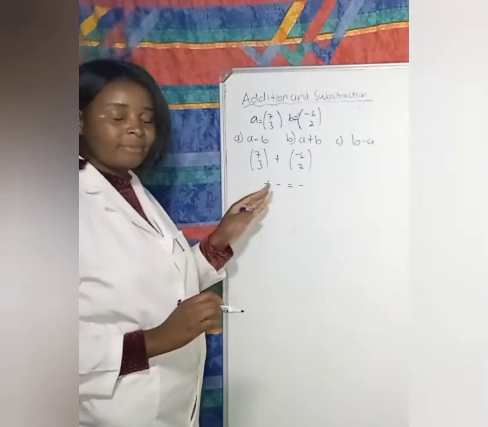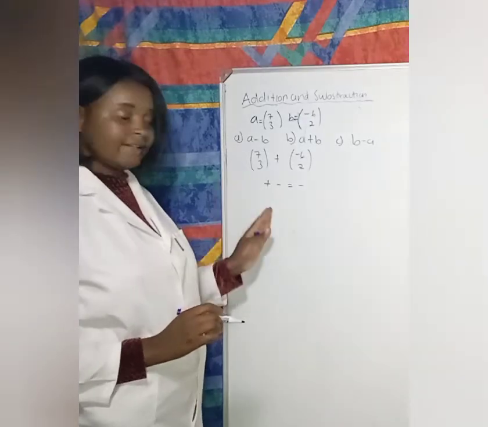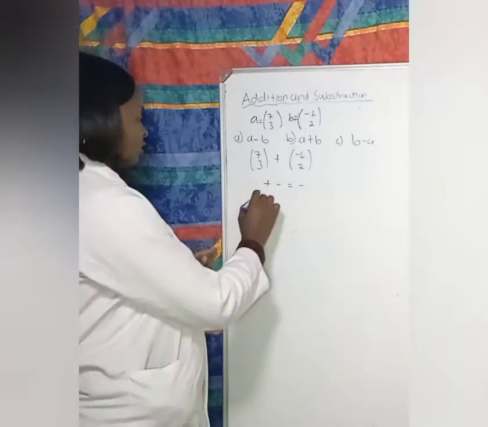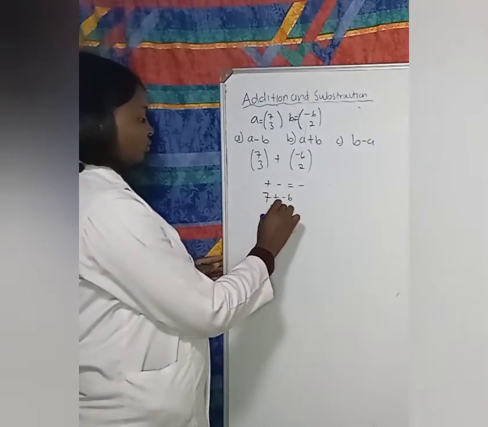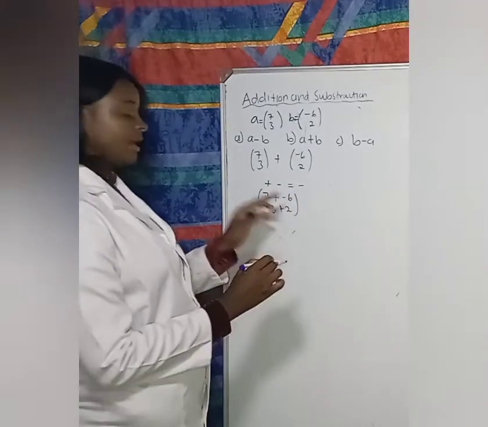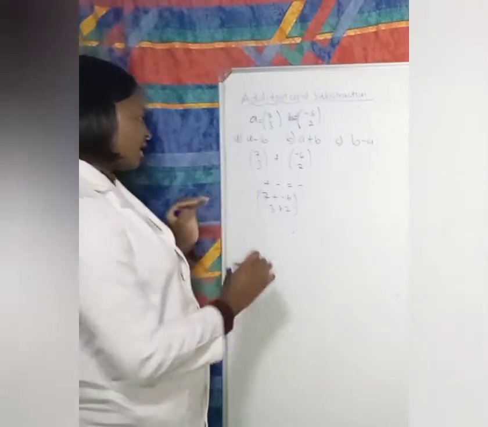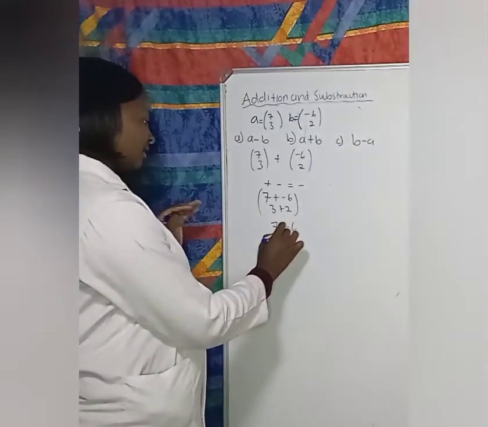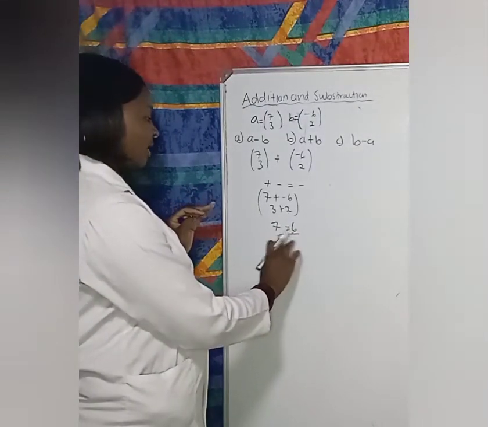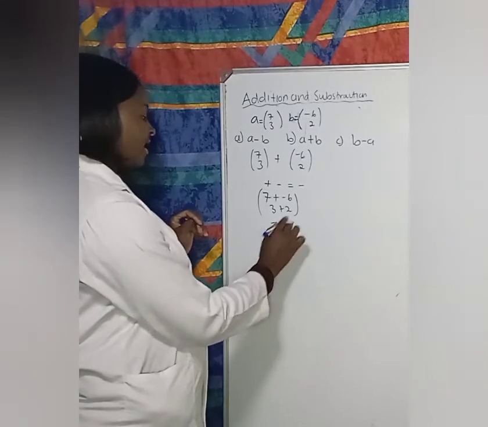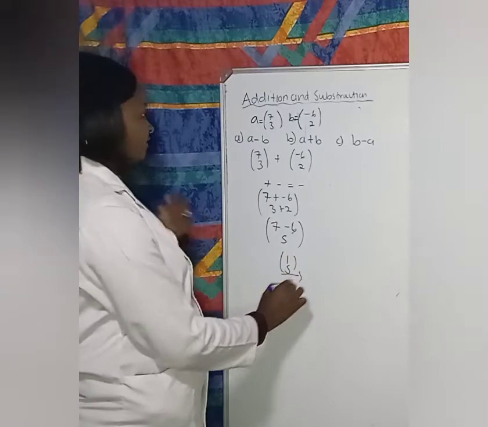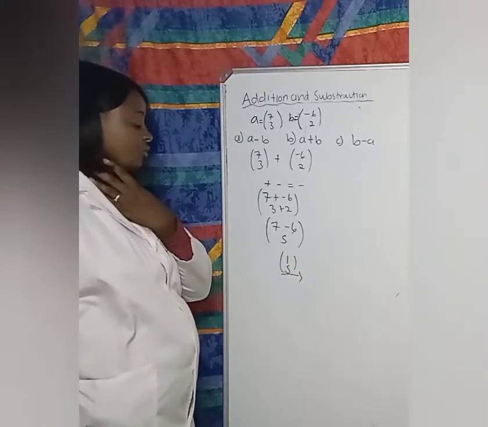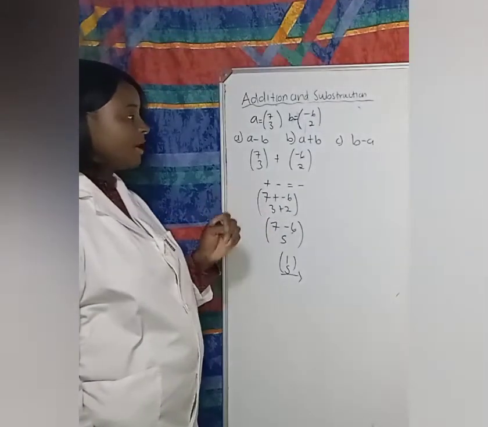So we have 7 plus -6 and 3 plus 2. A plus and a minus give us a minus. So it becomes 7 minus 6, and the other one is 3 plus 2, which is 5. 7 minus 6 is 1. So our final solution is (1, 5) for A plus B.